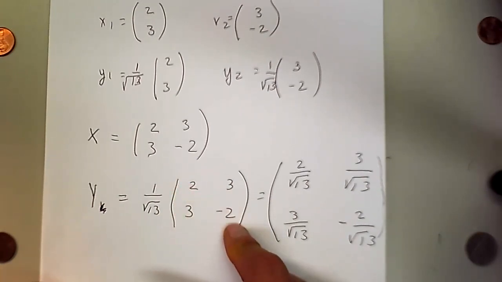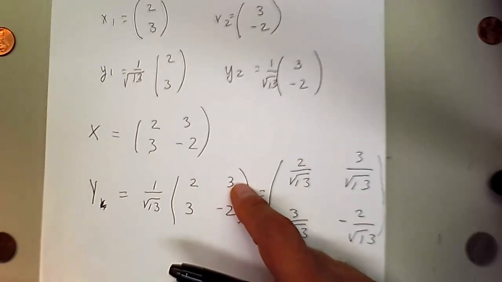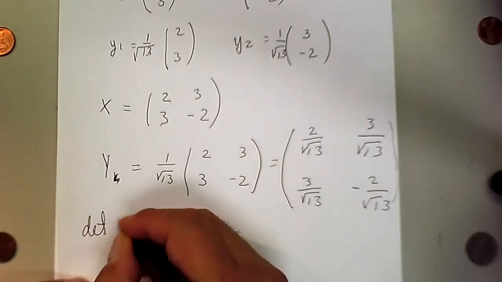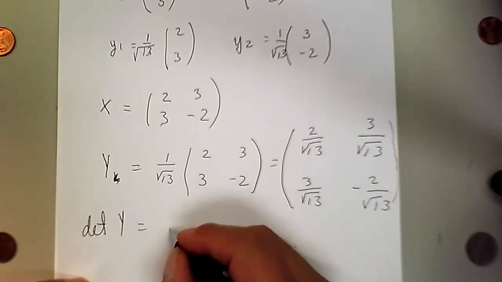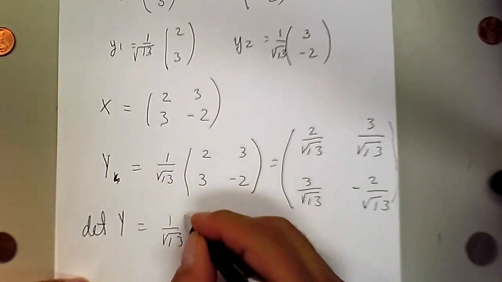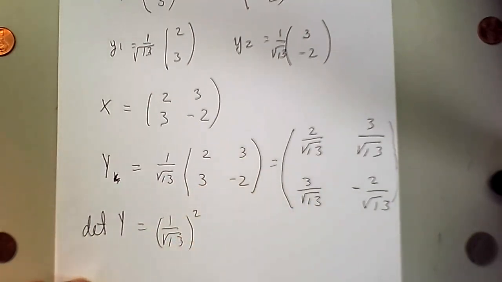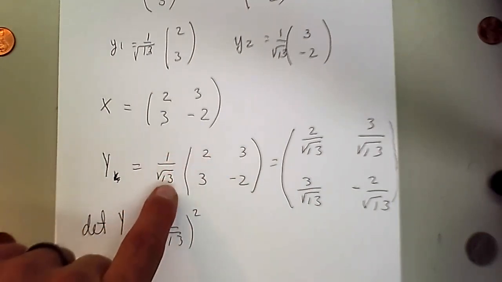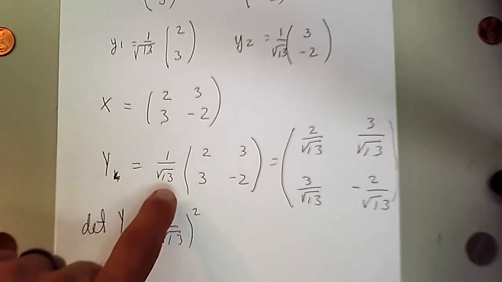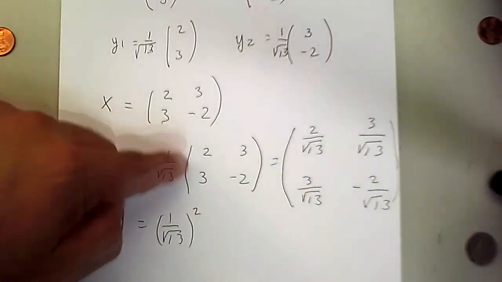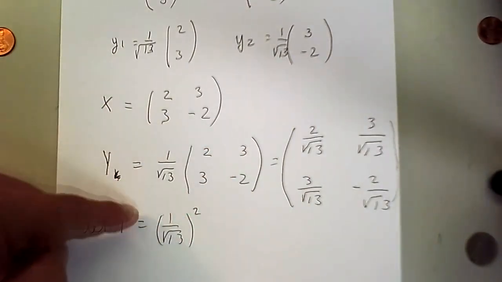Negative 4 minus 9 is negative 13. So the determinant of Y will be 1 over the square root of 13, squared, times the determinant of this matrix. The determinant of a matrix, if you factor out a scalar, is that scalar raised to as many rows and columns as we have.